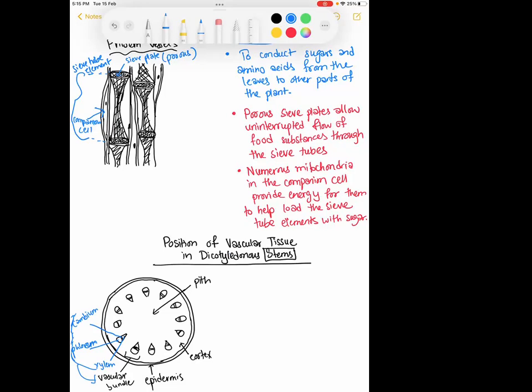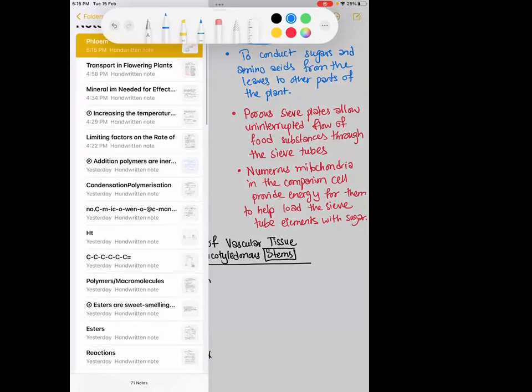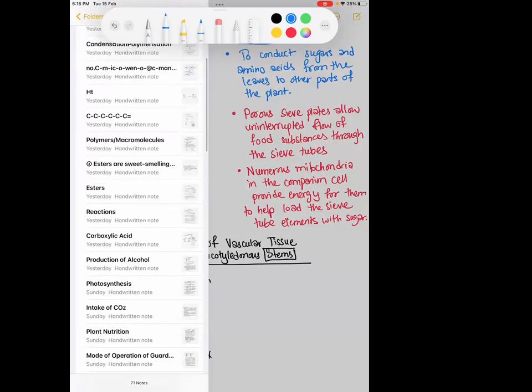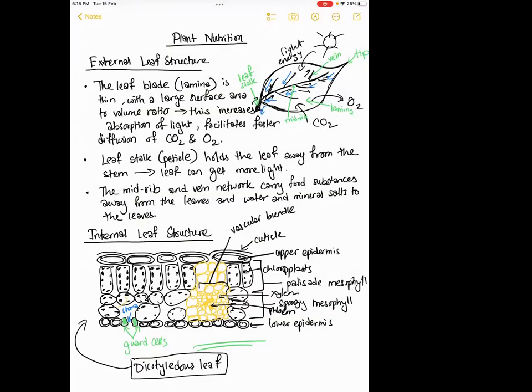Apu, what's the cambium? These are a couple of cells that lie between the phloem and the xylem vessels. So like if I go back to the picture where I drew the leaves, this one. Somewhere in between there is cambium.